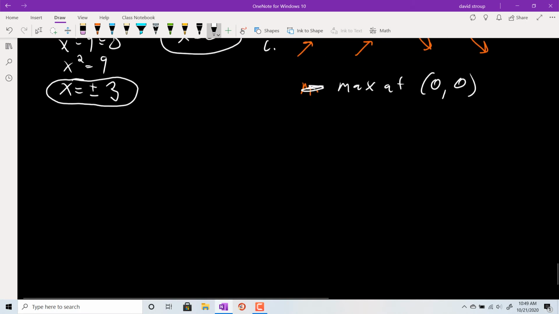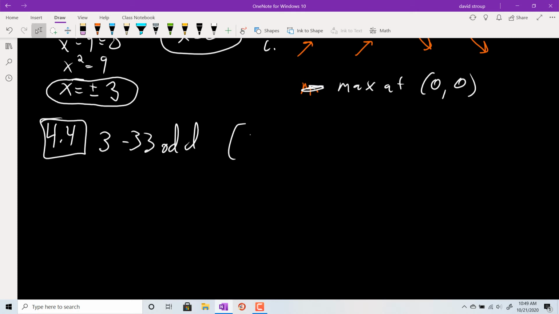Then 4.4, we're working with the second derivative, and that tells us the concavity of the graph. So I'll be picking problems like 3 to 33 odd. And for these, I want you to find your points of inflection. And I'm probably not even going to worry about that, but I don't know. So find your potential inflection points.